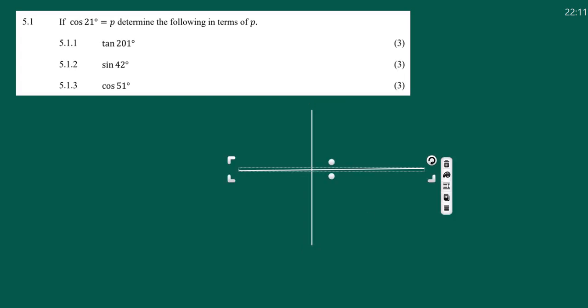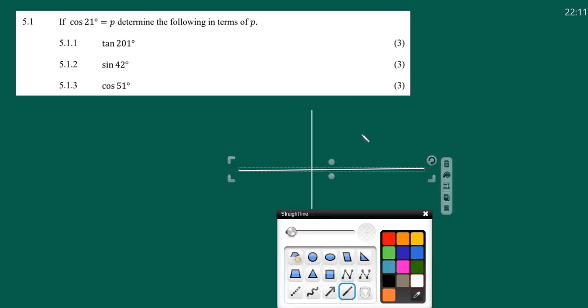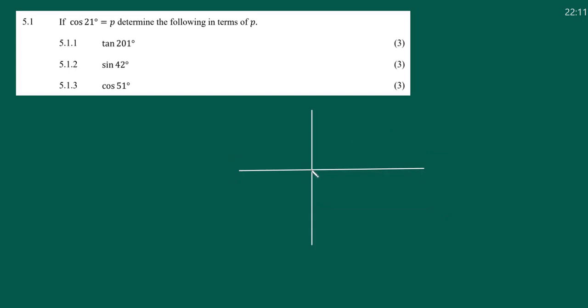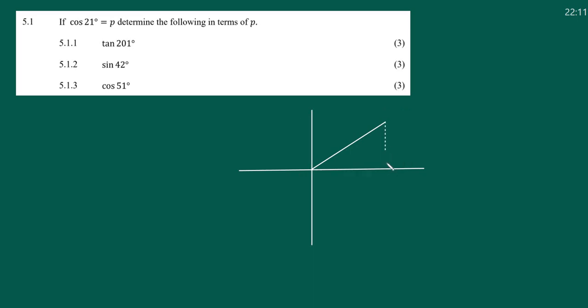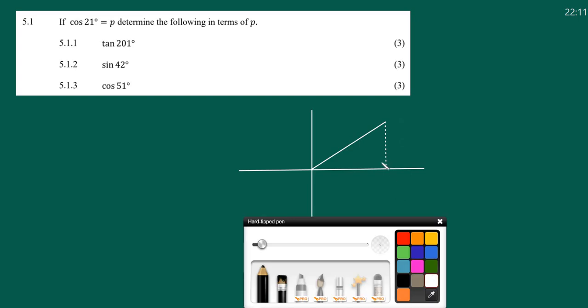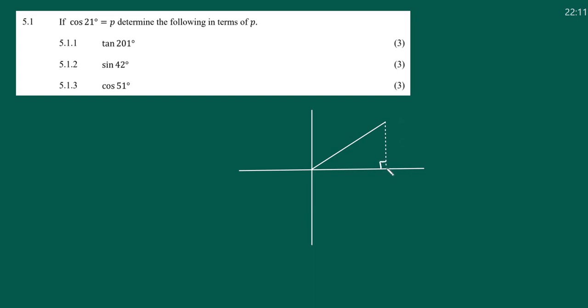But on your diagram, make sure the angle is in the what? In the first quadrant. Right. Make sure it's in the first quadrant. Then you can fill it in. Now, cos 21 degrees is equal to P. We can rewrite it as cos 21 degrees is equal to P over 1.